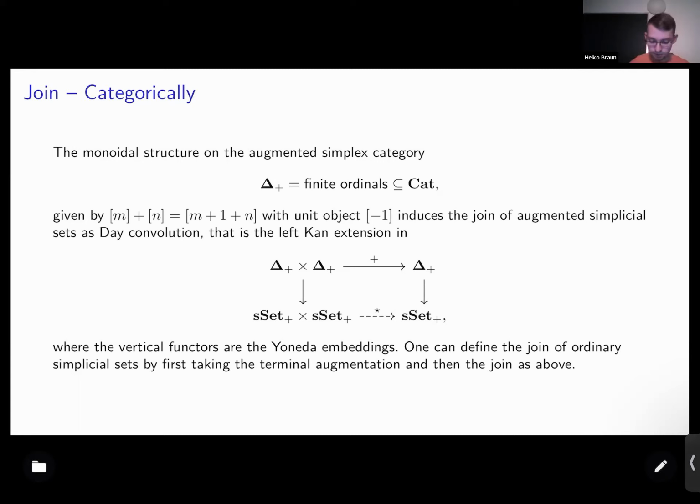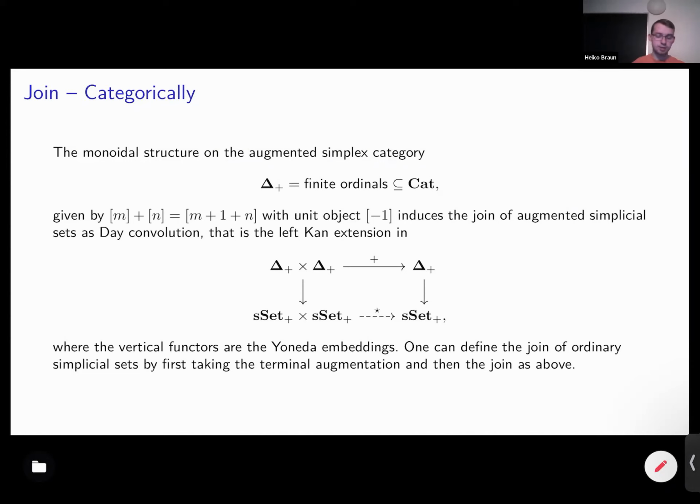And you can also define the join for simplicial sets by first taking the terminal augmentation and then the augmented join. And terminal augmentation means that you have to make an augmented simplicial set out of a simplicial set. If you get a simplicial set and want to make an augmented one, you just need to define one additional X_{-1}.